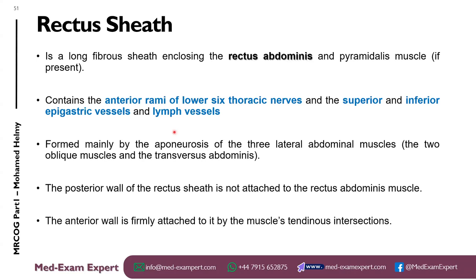The main part is formed by the aponeurosis of the two obliques and the transversus abdominis muscle. The posterior wall of the rectus sheath is loosely attached to the rectus abdominis muscle, but anteriorly the sheath is firmly attached to the muscle by the tendinous intersections.